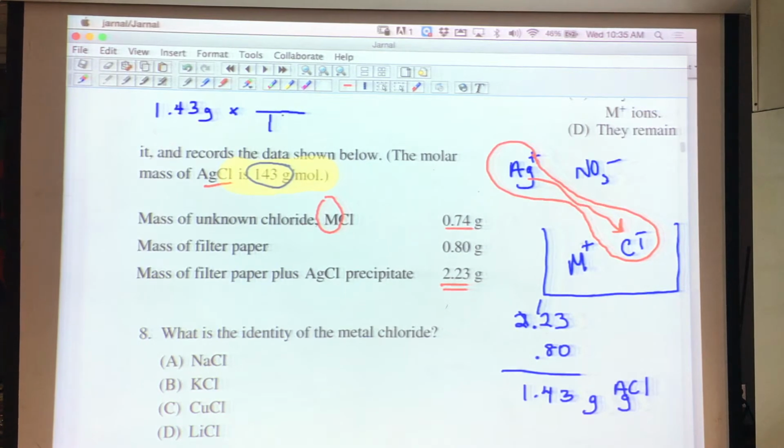I wouldn't write this out on test day because it takes too long. But if you don't know what you're doing here, do it. So get rid of grams. What is 1.43 divided by 143? Isn't that a hundredth? Or is that a tenth? What is that?